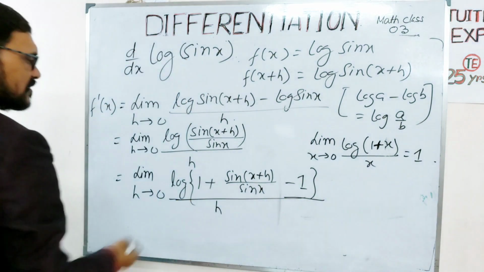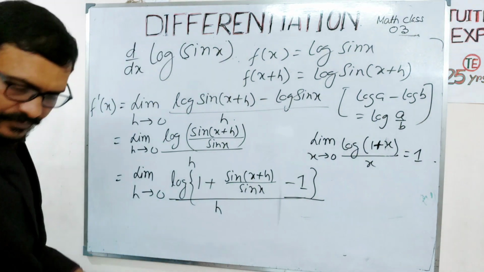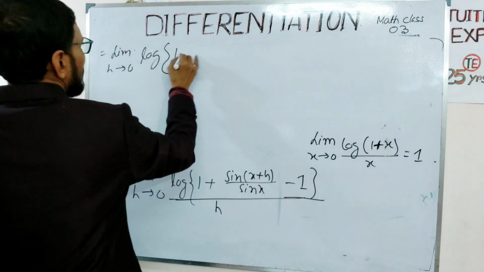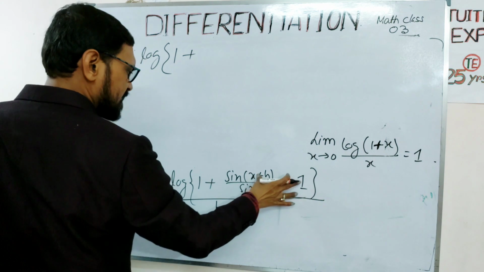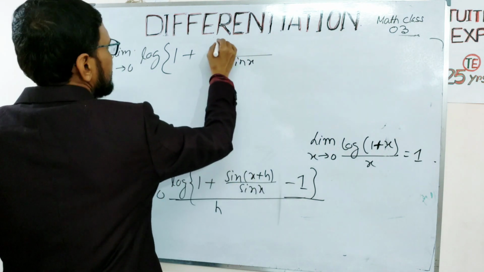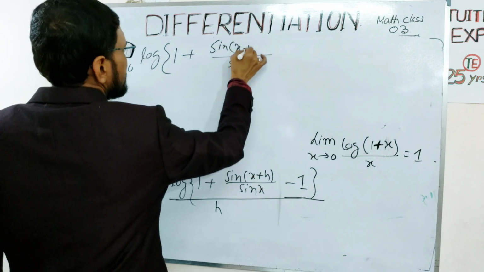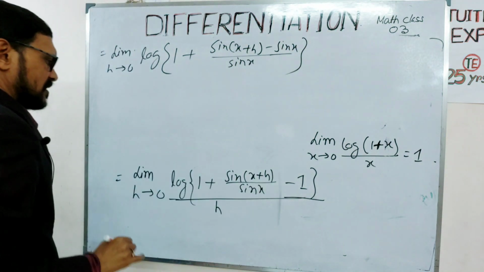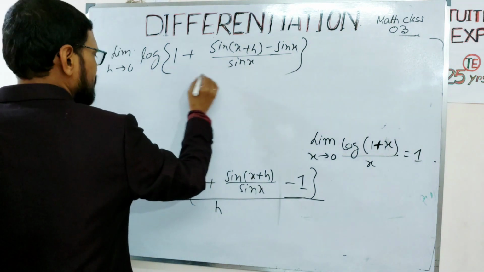Now 1 plus this, LCM is sin x, so sin (x plus h) minus sin x, this by h.